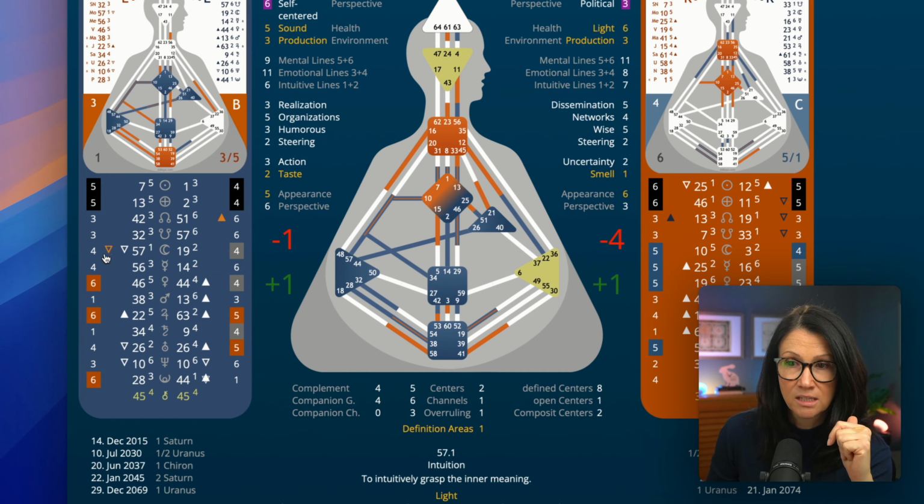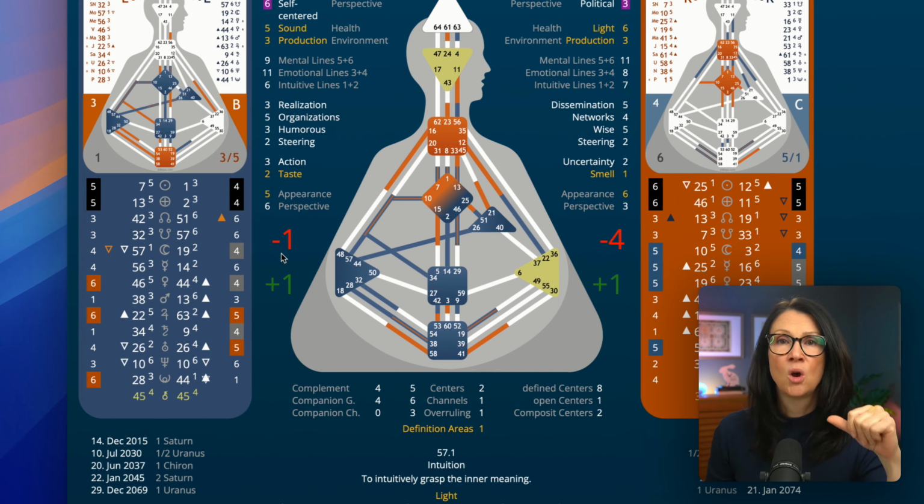Therefore, there is another triangle here. It's not such a problem for Aaron because he already has this fixing. So Lily is bringing it again. But here you would see that with a -1, that means one detriment from the partner.